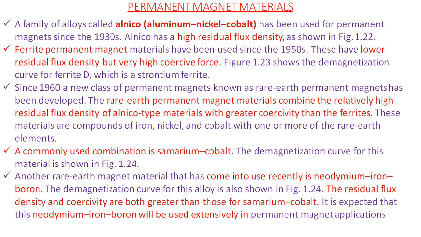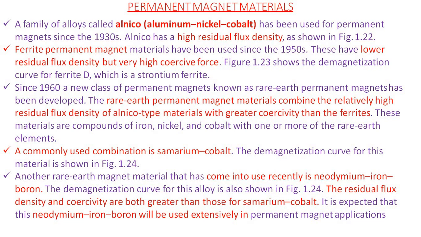Another rare earth magnet material that has come into use recently is neodymium iron boron. This is the demagnetization curve of this alloy. The residual flux density and coercivity are both greater than those of samarium cobalt.